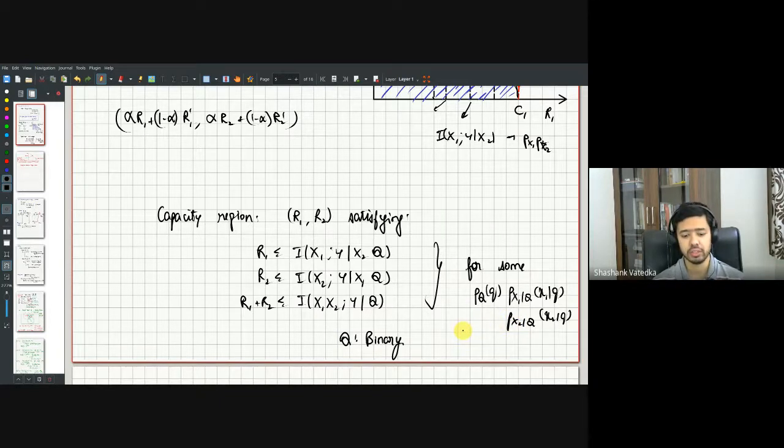Right. So in this class and maybe the next, we'll see a couple of examples of some channels. We'll start with the Gaussian MAC, and maybe we'll see a couple of simple binary multiple access channels, and try to see what the capacity region looks like, what regions are achievable using different schemes, and so on. All right.